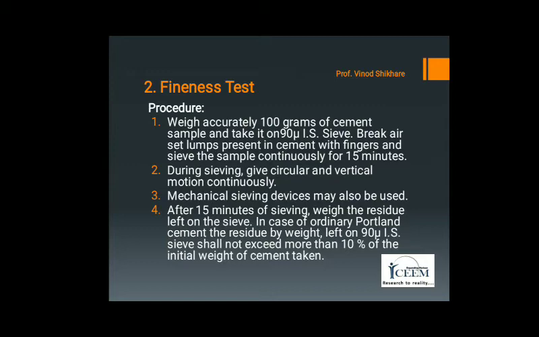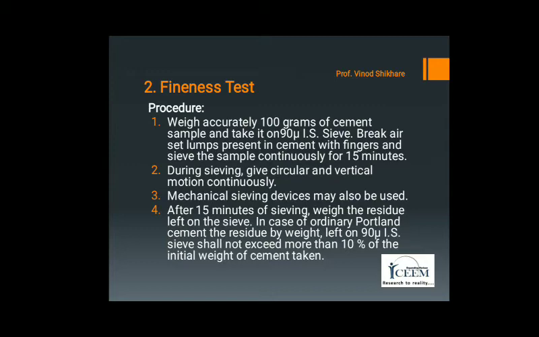The procedure of this test is: first step, weigh accurately 100 grams of cement sample and take it on a 90 micron IS sieve. Break air-set lumps present in the cement with fingers and sieve the sample continuously for 15 minutes.